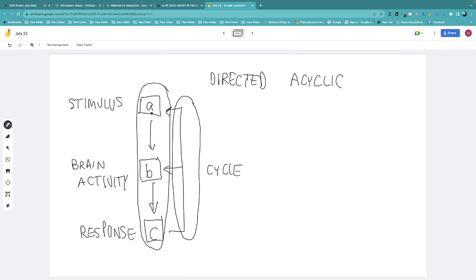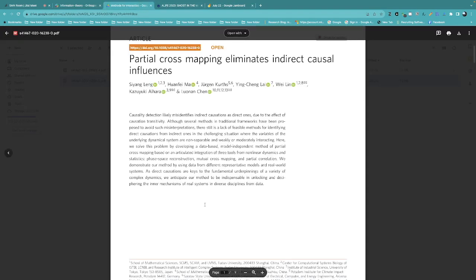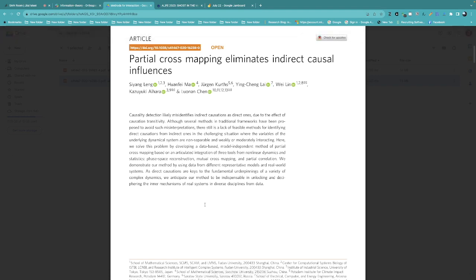Transitivity would be where A causes B and B causes C. But if you have a feedback loop between C and A, then that's not necessarily transitivity. This is transitive: A causes B, B causes C. But sometimes you have these feedback loops in play that screw up that transitivity. So you want strong transitivity, and that's what they're getting at here.